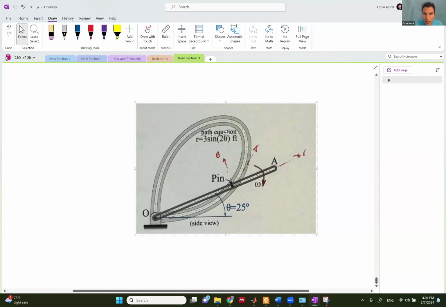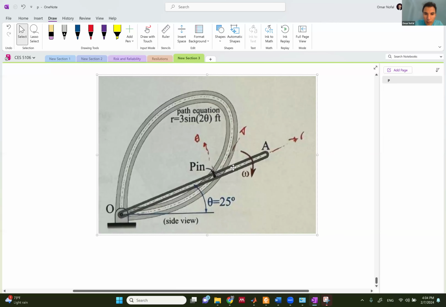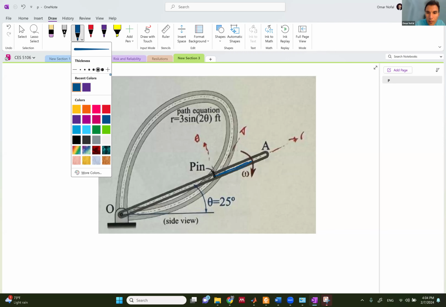Right, so let's map the coordinate system. Here we have R going this way. Let me make this in a bigger outline. Let's make it this way.